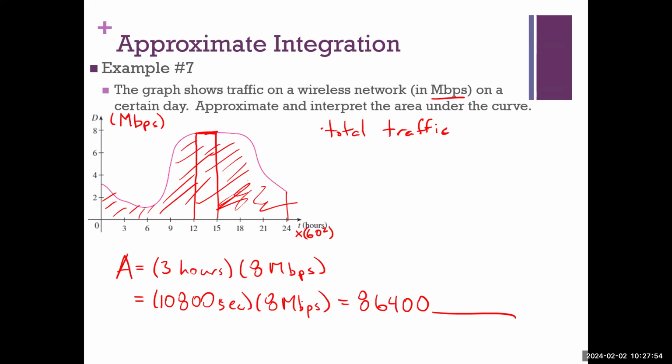Simply megabits, right? So we took the rate of megabits per second and multiplied it by the number of seconds that elapsed, and that gave us 86,400 times a million, that many bits.